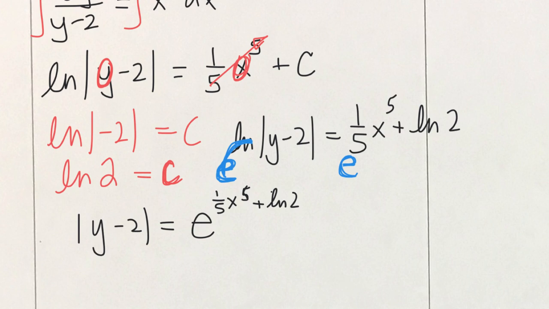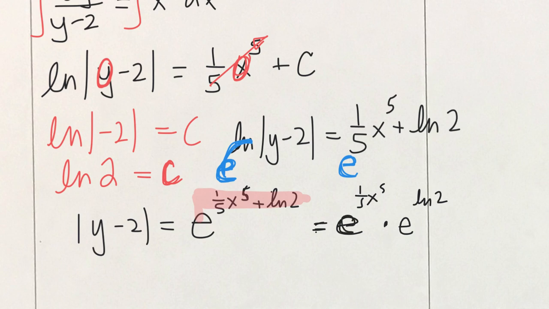Now we're going to use a little bit of pre-calculus again. If we have a plus in the exponent, we can change that into e to the 1/5 x to the 5th times e to the natural log of 2.